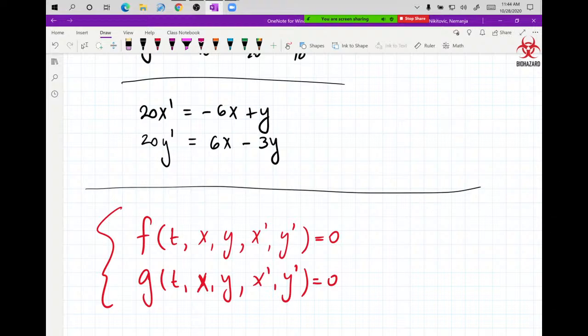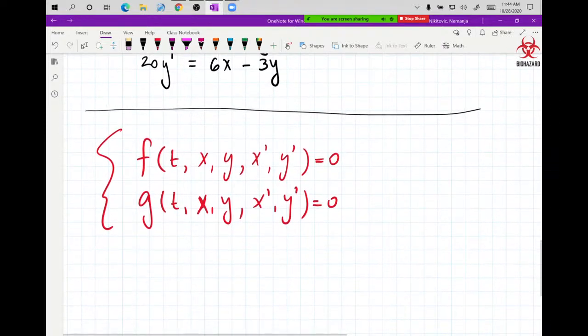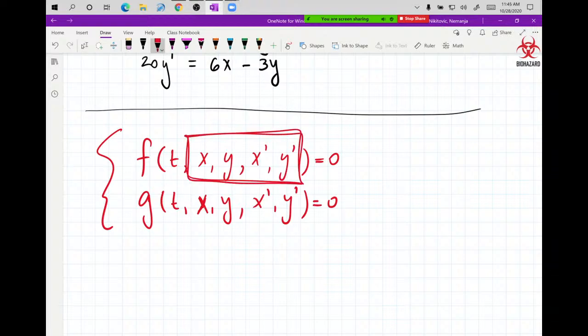We do not have any of the terms that only contain t in our system, but there could be some forcing function added, like e to the t or something like that, that would make things more complicated along the way. And that would be then this case, the function of t of some kind, like e to the t, sine t, whatever you come up with. So the first order system generally contains all four of these, and then sometimes they contain t as well.